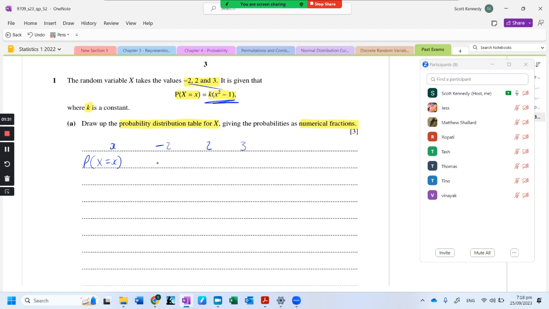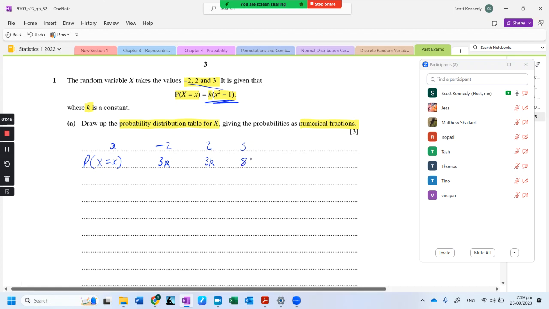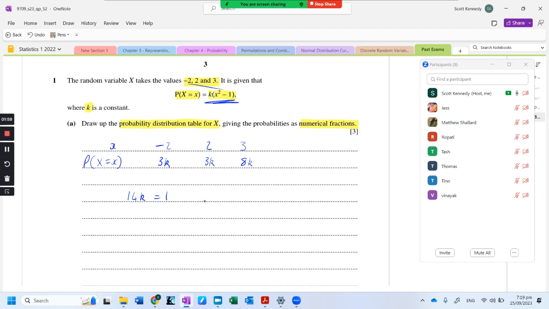Take away 1 is 3, so 3k. If we put in 2, we get the same result again, so that's 3k. If we put in 3, that's 3 squared, subtract 1, so 8k. Now, altogether, if we add the k's up, we get 14k is equal to 1.